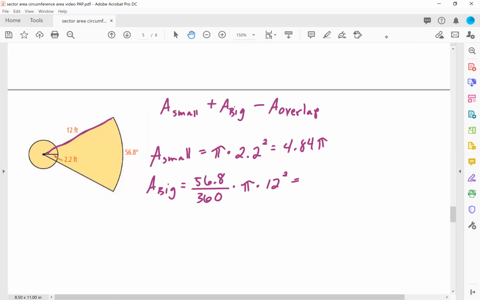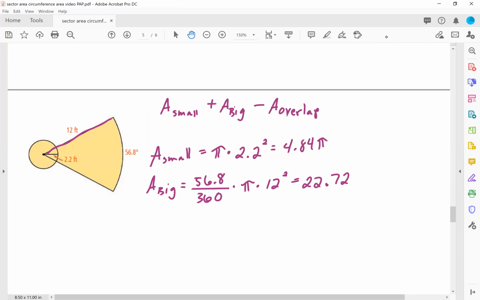Okay, so we get 56.8 divided by 360, press enter, times, and then 12 squared. And so I get 22.72, and there's a whole bunch of zeros and a number at the end, but 22.72, that's good enough for our needs here. So that's the area of the big one.